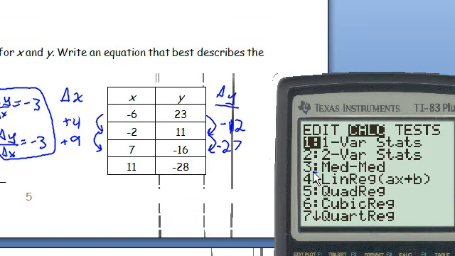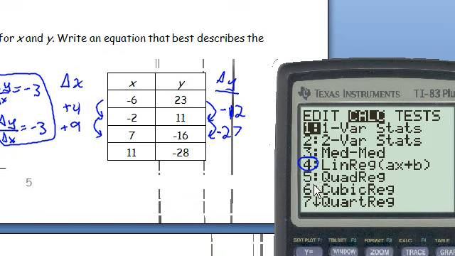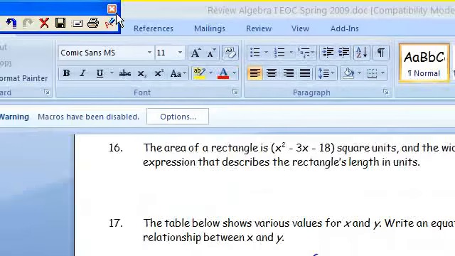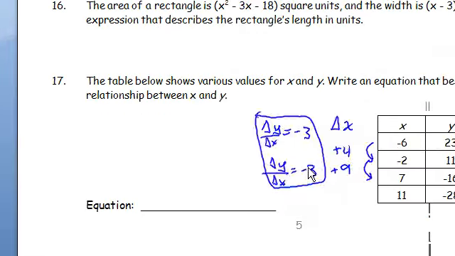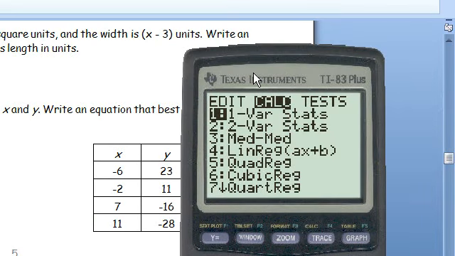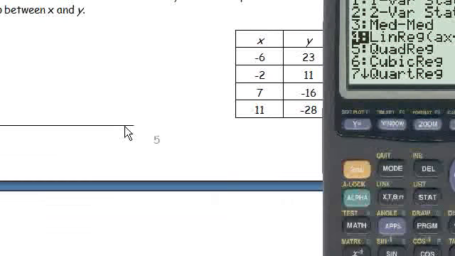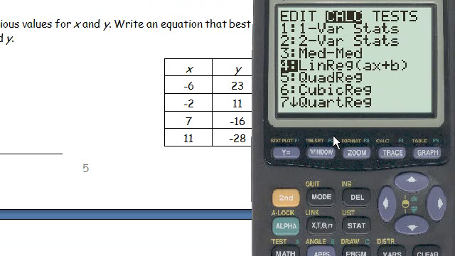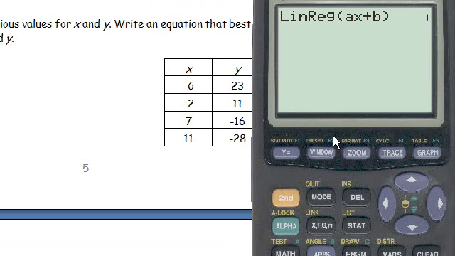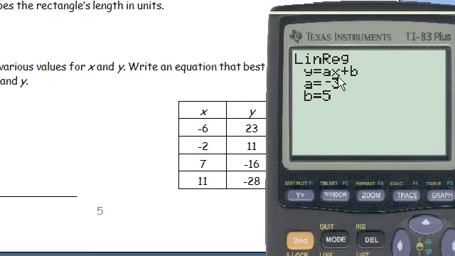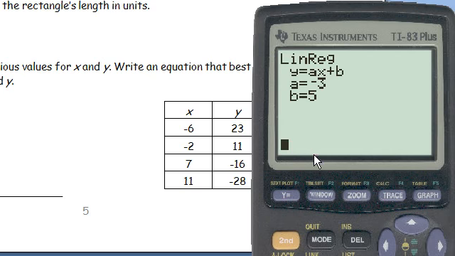So we needed to do that to know whether or not to select linreg or quadreg. Okay, so I won't save those changes, and we know now to go down and select linear regression because we found it was a constant rate of change. And so there's our equation, negative 3x plus 5.